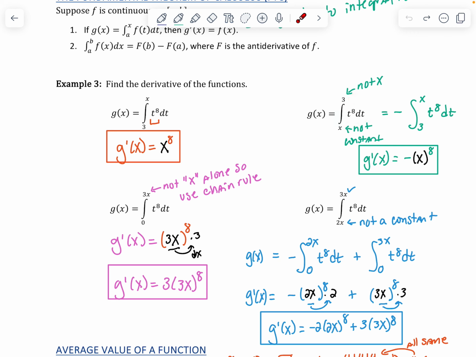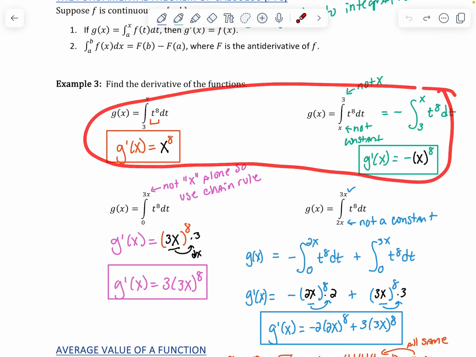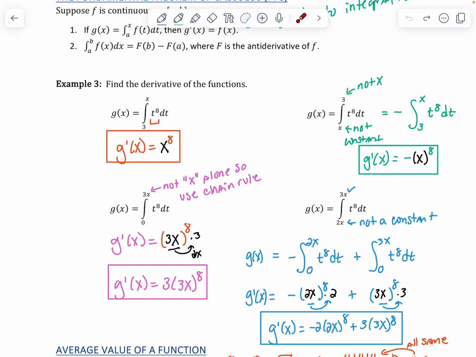So we can use our integral property that instead of integrating from x to 3, I can integrate from 3 to x, but I need the opposite of the function I had. Think of it as multiplying by -1. The only difference between these top two examples is going from a constant to a point in the variable.